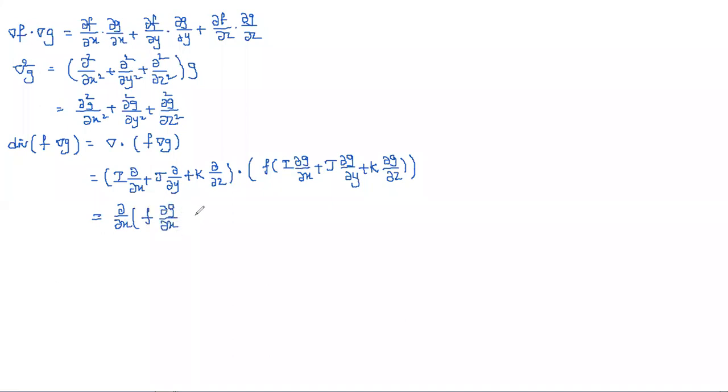This is the i coefficient. In the same way, the j coefficient is ∂/∂y and here we have f ∂z/∂y. This is the j coefficient. And next plus ∂/∂z into f ∂z/∂z. I simply applied the dot product between these two.